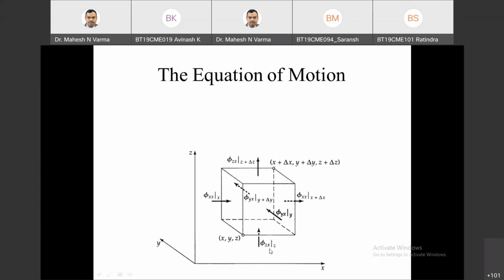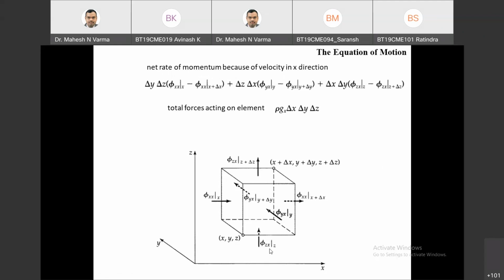This is for x momentum. So it will be rate of momentum coming in minus rate going out, plus the total forces acting. And accumulation is how the momentum is accumulated.